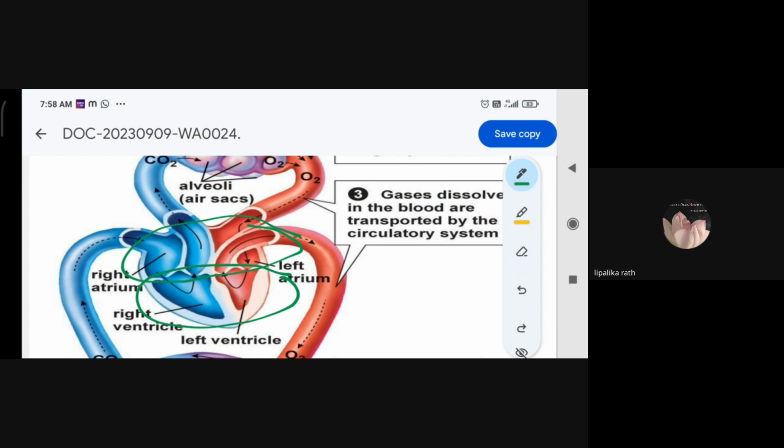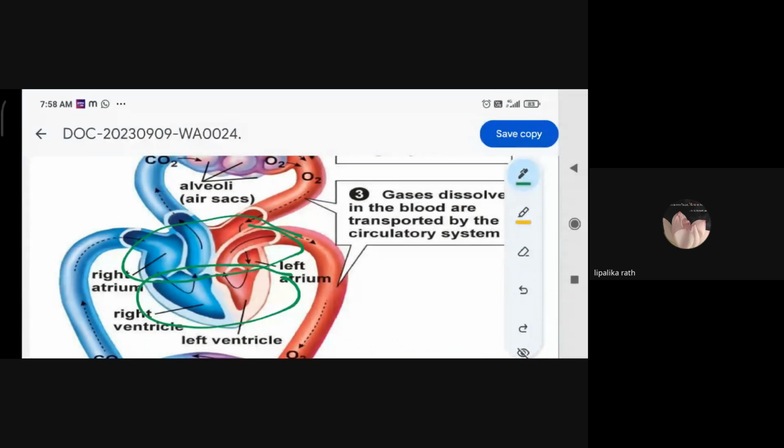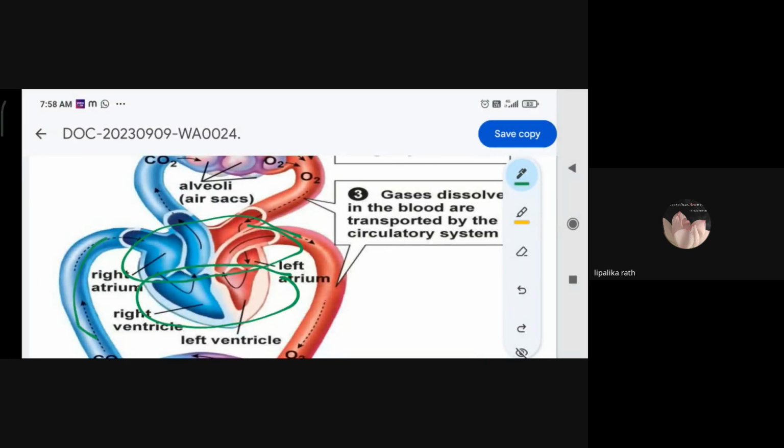So from the whole body, blood is coming by this vein, the vena cava, the main vein of the body, which is collecting the blood from the whole body.